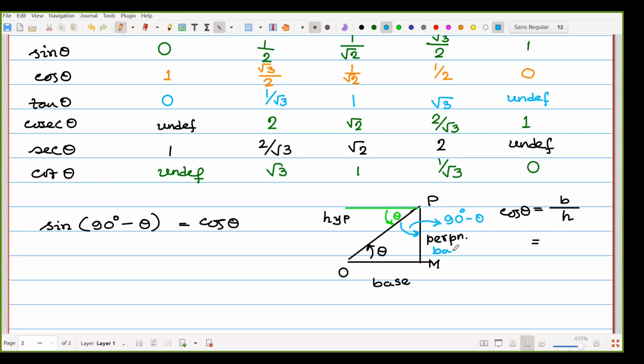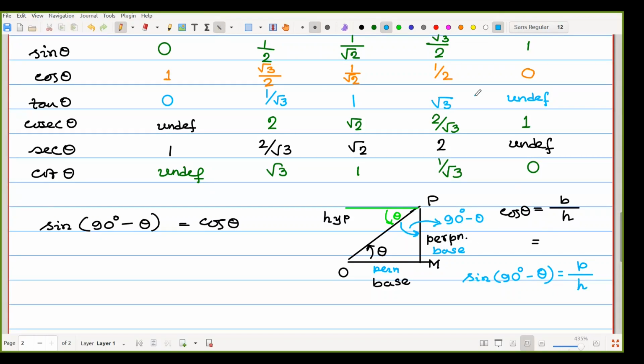PM is the base. OM is the perpendicular. Okay. So from here, we can write sine of 90 degree minus theta. That means perpendicular divided by the hypotenuse.